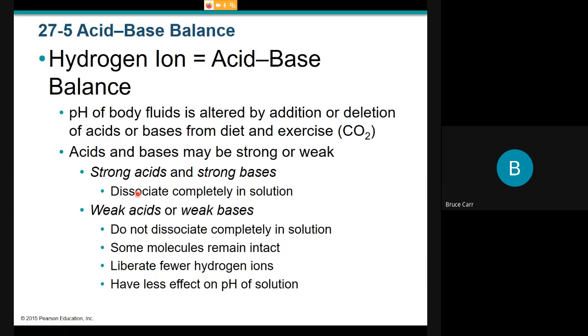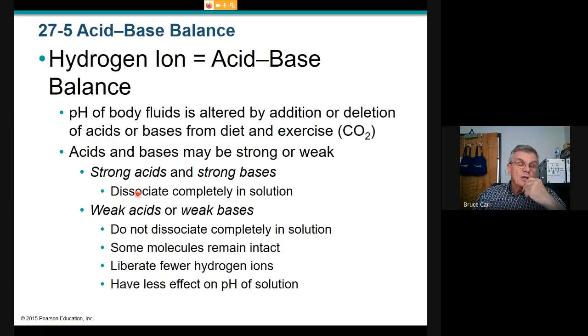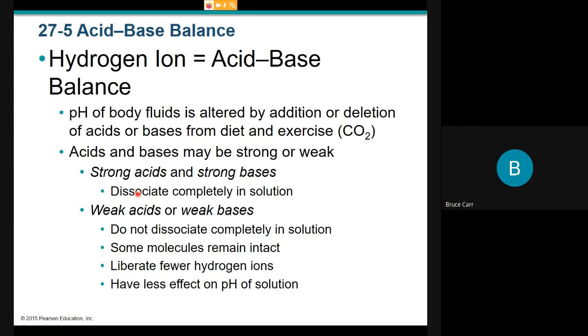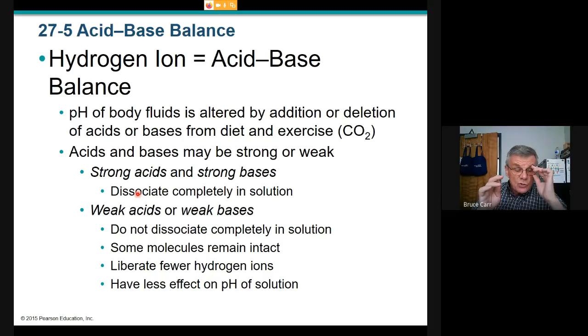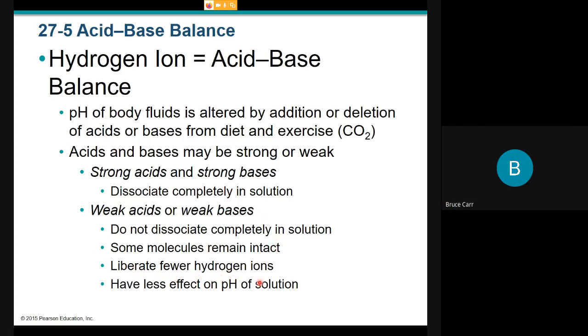A weaker acid, like acetic acid or H2CO3, you'd get the H+ and the bicarbonate in equilibrium, but there'd still be a lot of H2CO3 in that solution, so the pH would be somewhat higher. They would be weak acids or bases, and these are the ones we use in buffer solutions.